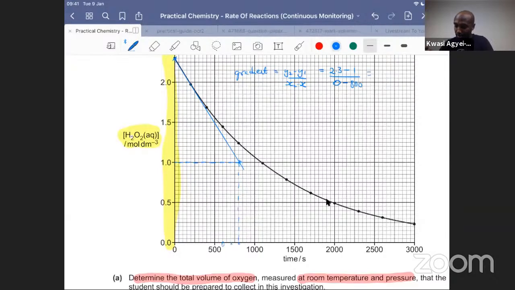Okay, so we've got 1.3 over 800. Of course, it's a negative gradient, but that doesn't matter in this case. So 1.3 over 800. Okay, so 1.63 times 10 to the minus 3.